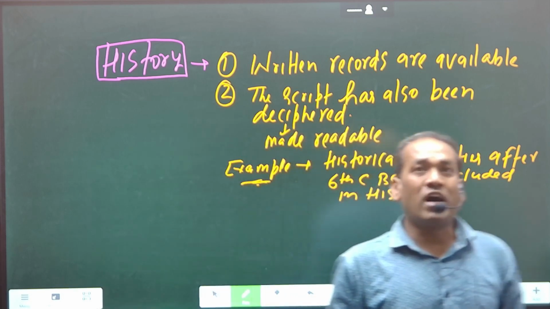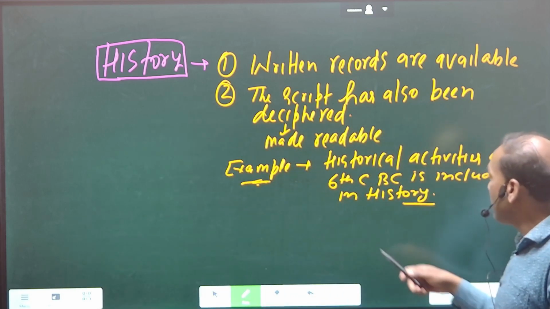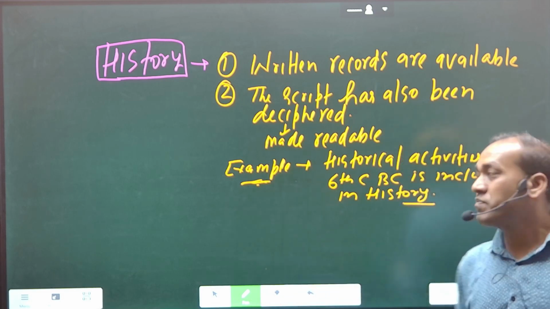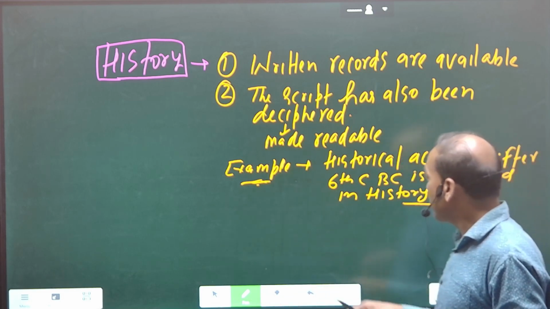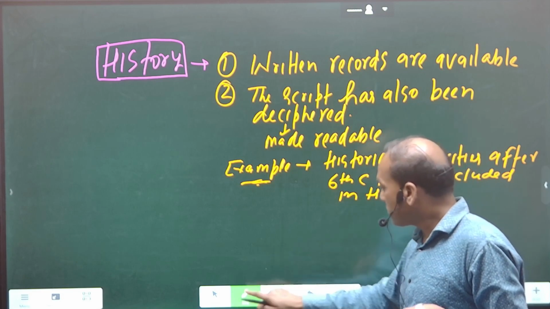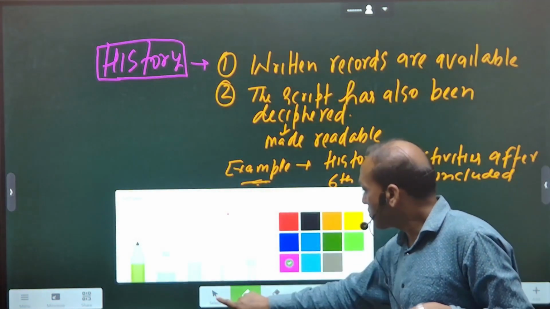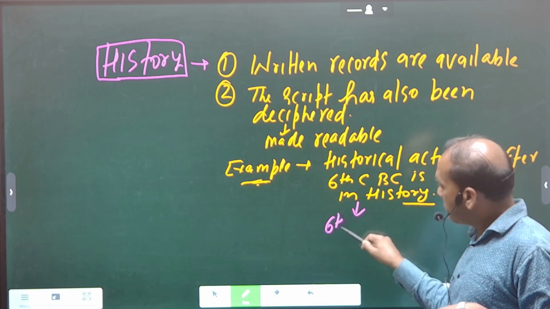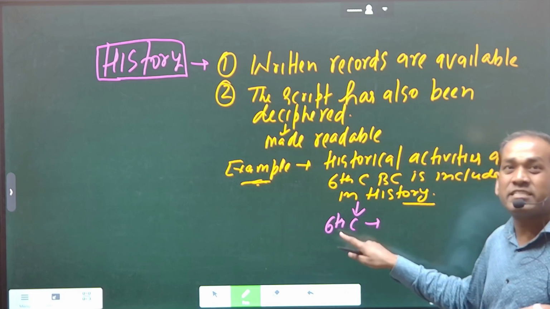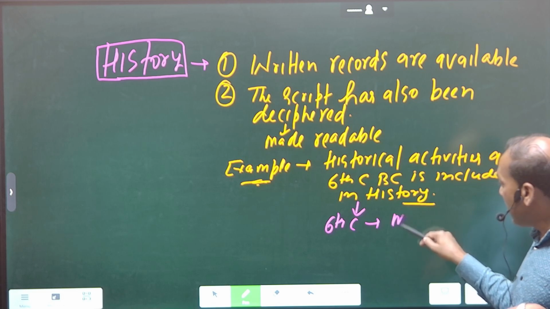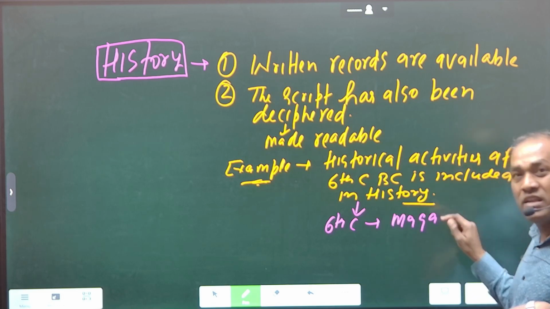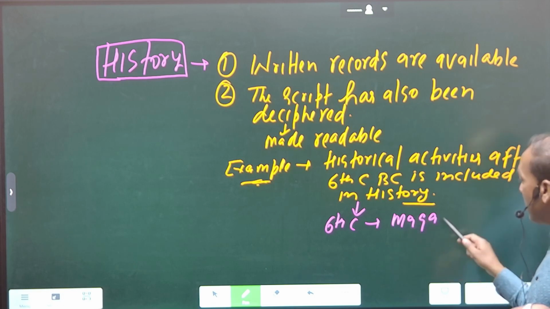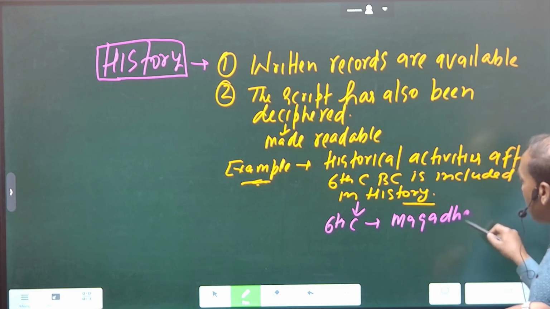Okay, so after 6th century, which period started in history? In 6th century BC, Magadha Empire. We will study later in our history about this Magadha Empire.